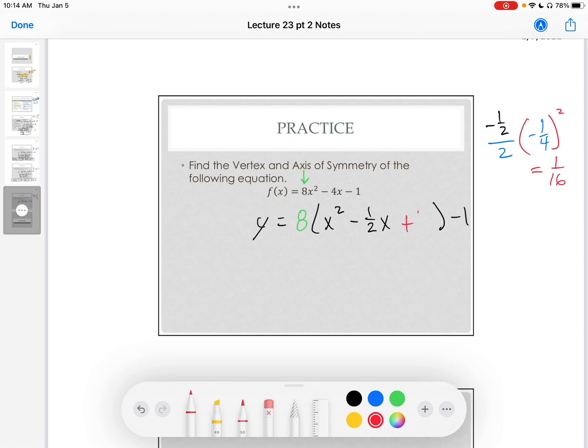So I'm going to need to add, not 16, I'm going to need to add 1/16. Okay, and since I added, I'm going to need to now subtract 8 times 1/16.